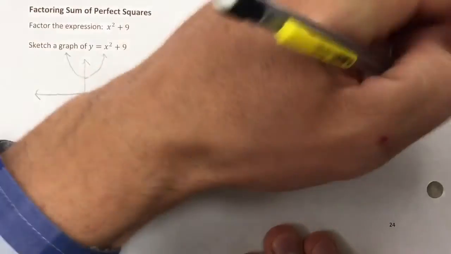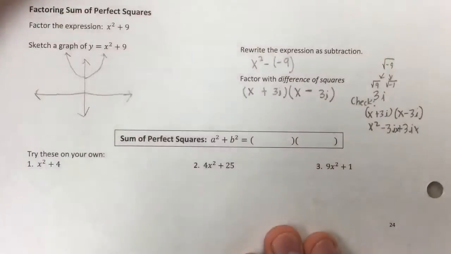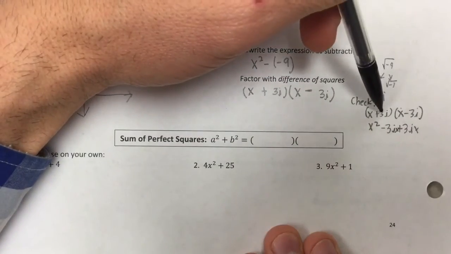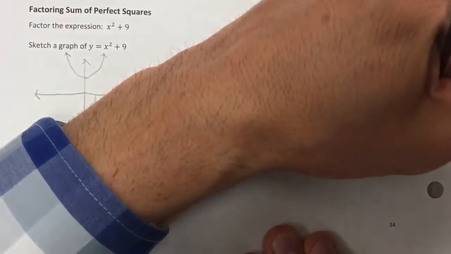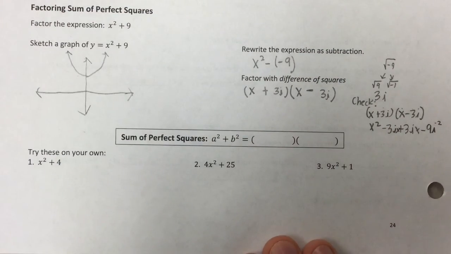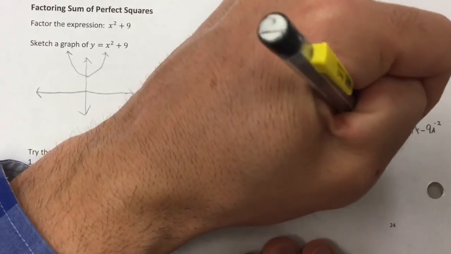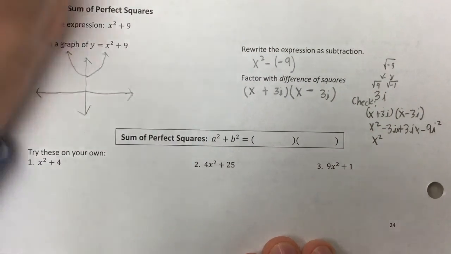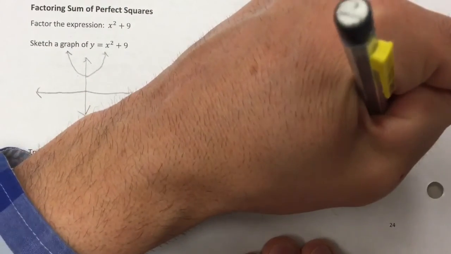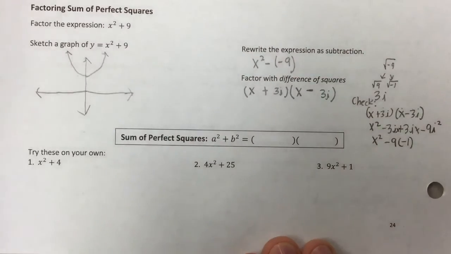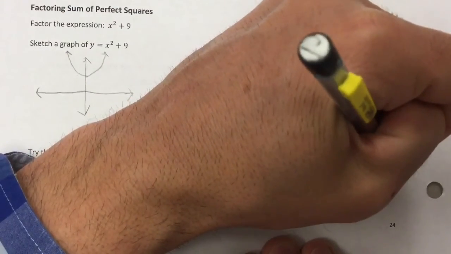Outer is x times negative 3i, which is negative 3ix. Inner is 3i times x, which is positive 3ix. And last is 3i times negative 3i, which is negative 9i squared. So I have x squared, then negative 3ix and positive 3ix, they cancel. And I have minus 9 i squared, and i squared is negative 1, and that would make it x squared plus 9.